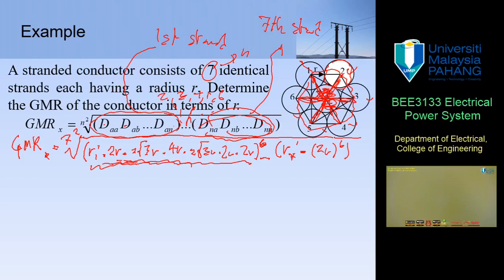If you still remember this one, R1 is equal to R1 E power minus 1 over 4, and this one is equal to R7 E to minus 1 over 4. However, since the radii are R, R1 is equal to R also, so it becomes R E negative 1 over 4.